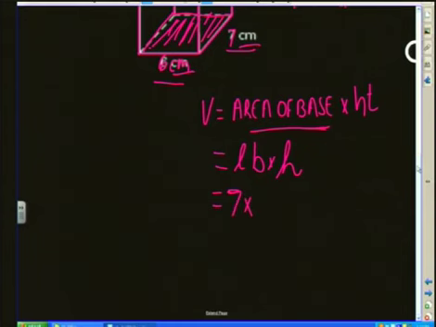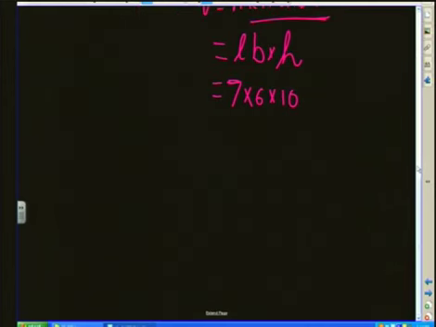We know that the breadth is 6, and we know that the height is 10. We can then multiply all of that together. 7 times 6 is 42, and 42 times 10 would give us 420 centimeters cubed. Okay, it's important to indicate the cube because the cube tells you that you have actually worked out the volume. All right, so nice and easy to get things going, hey?